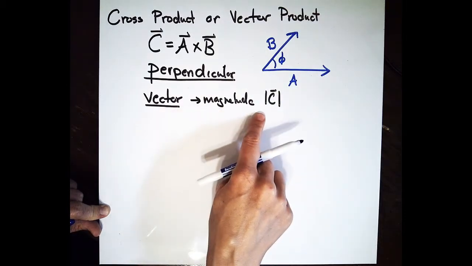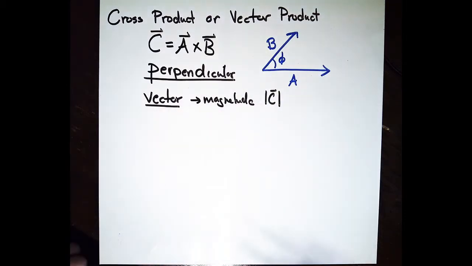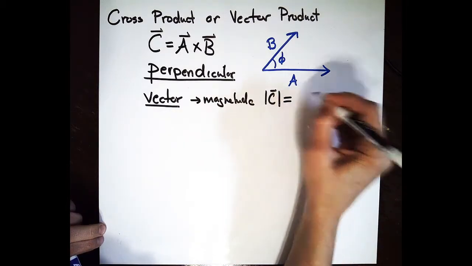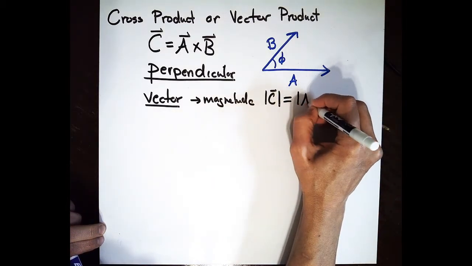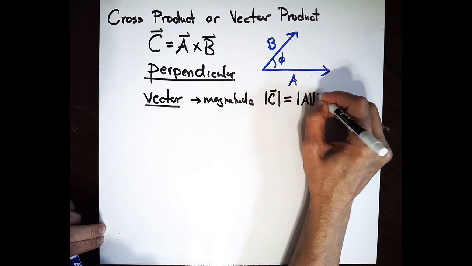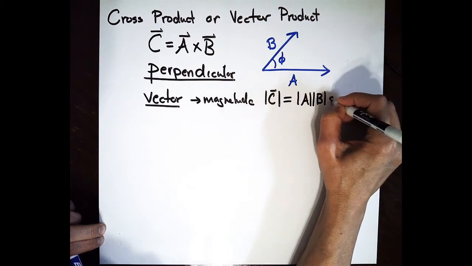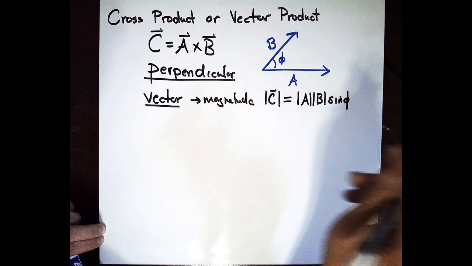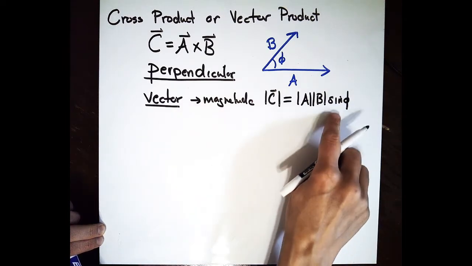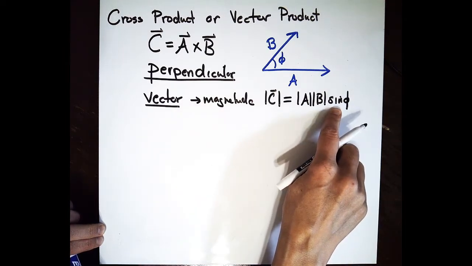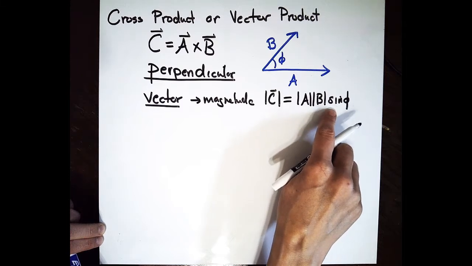So if we're getting the magnitude of the cross product, what that is going to be equal to is the magnitude of the vector A and the magnitude of the vector B and the sine of the angle between them. If you remember for the dot product, it was the cosine because that was doing the parallel pieces of the vector. Here it's the sine.